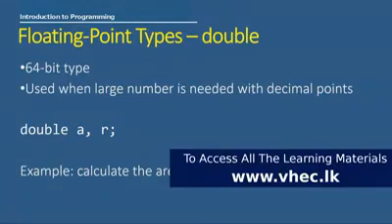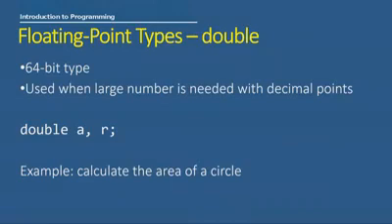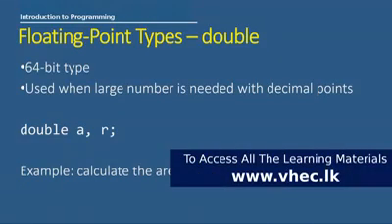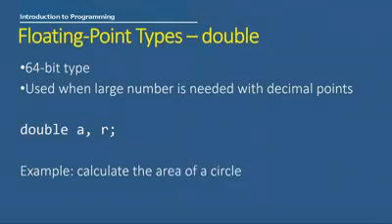With that space, you can store a large number with decimal points or fractions. Now you can see how you can define a double, which is not different from any other variable.